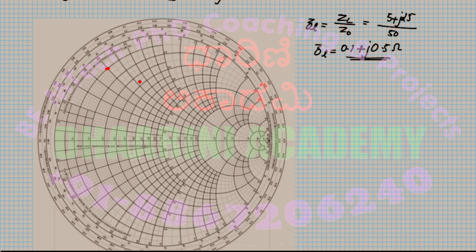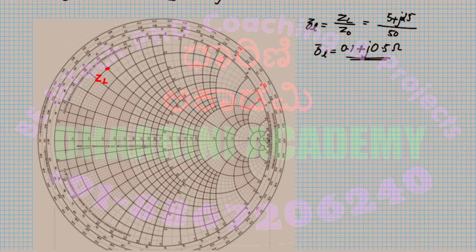Just check. So this is the point 0.1 plus J 0.5. That is the first thing to mark anyway. Right, so that's the point. That is ZL. I'll just mark the ZL over there.